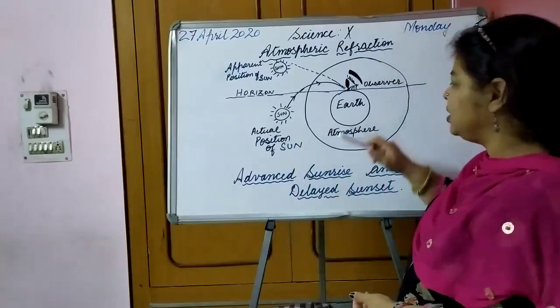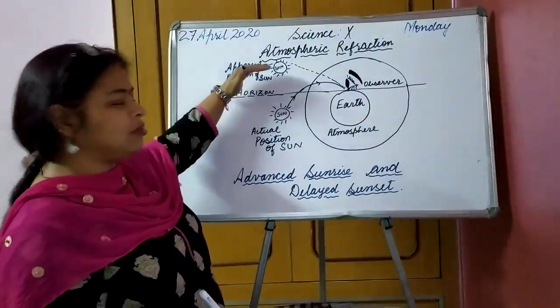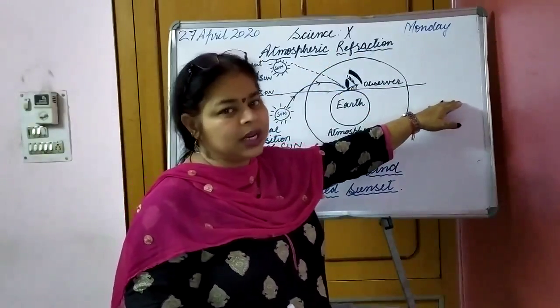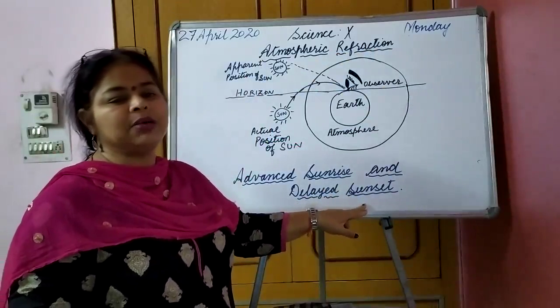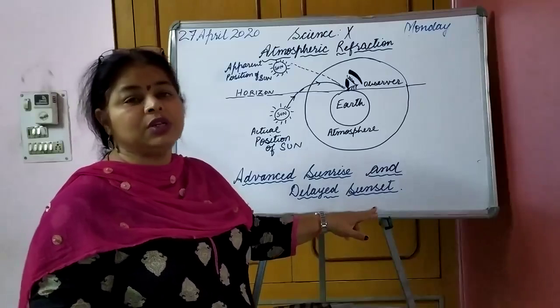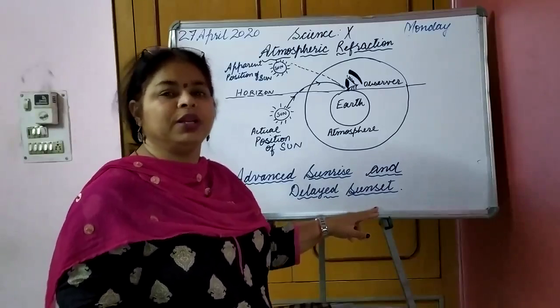The same thing happens when the sun is setting. See, from this horizon the sun is rising, but from this horizon what will happen? The sun is going to set. So, delayed sunset. Delayed sunset means what? That the time difference between actual sunset and apparent sunset is about 2 minutes.